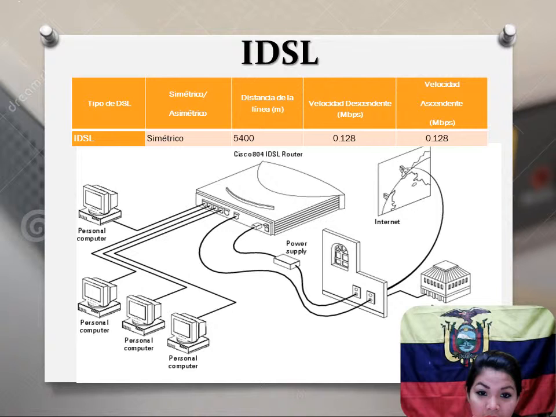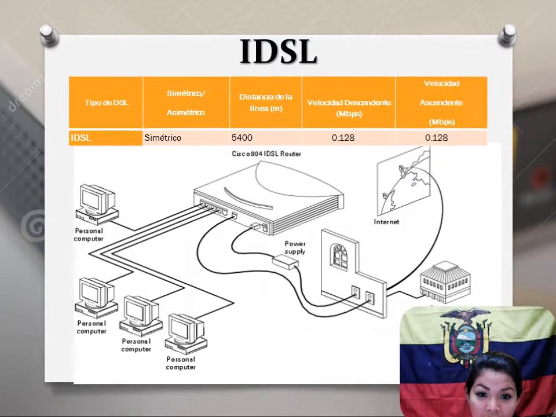ADSL is implemented over an ISDN line and is currently used as an internet connection for data transfer. The ADSL service has a low speed of 128 kbps or 144 kbps.